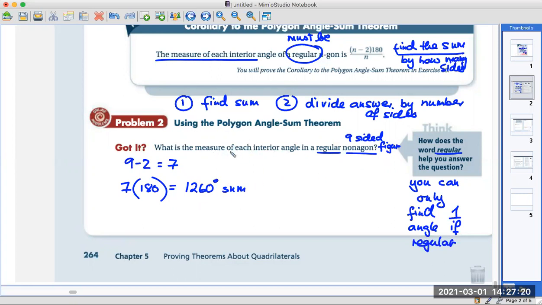Well, we want 1. Each means find 1. So that means I have to divide my answer by 9. 1260 divided by 9. I still got it in the calculator. Don't retype, just keep going. It's 140 degrees for each angle.